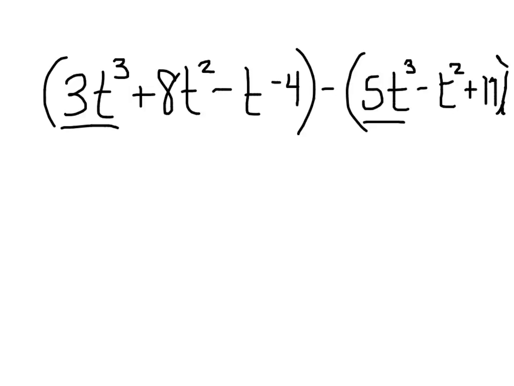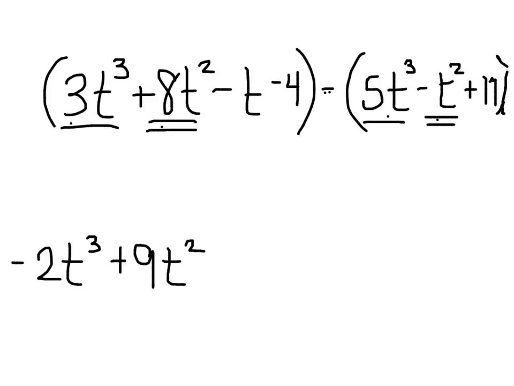Yeah. What is 3t cubed minus 5t cubed? Negative 2t cubed. Is there any other squared terms? Yeah. What is 8t squared minus negative t squared? 9t squared. How did you get 9?